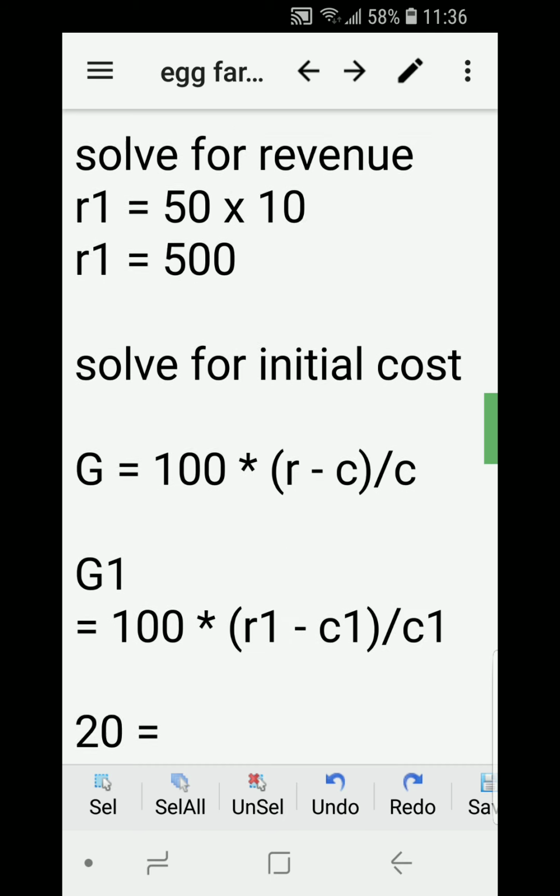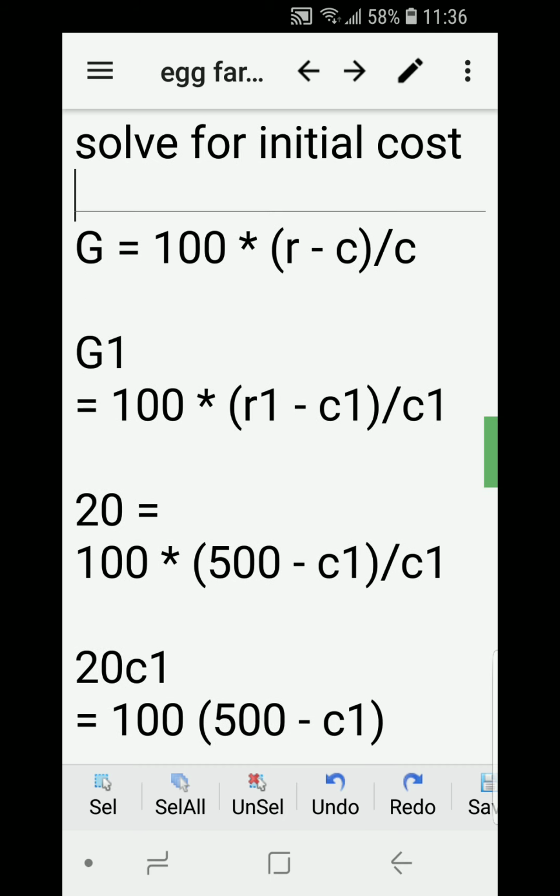Then next step is to solve for initial cost. So we use the formula G is equal to 100 times the quantity R minus C over C, and we substitute the given and the calculated values.